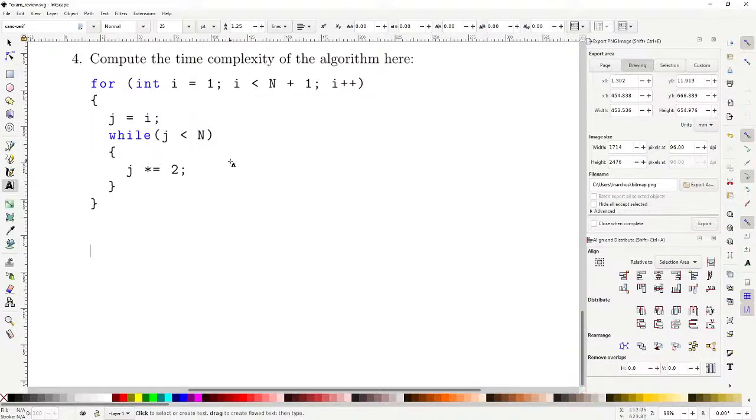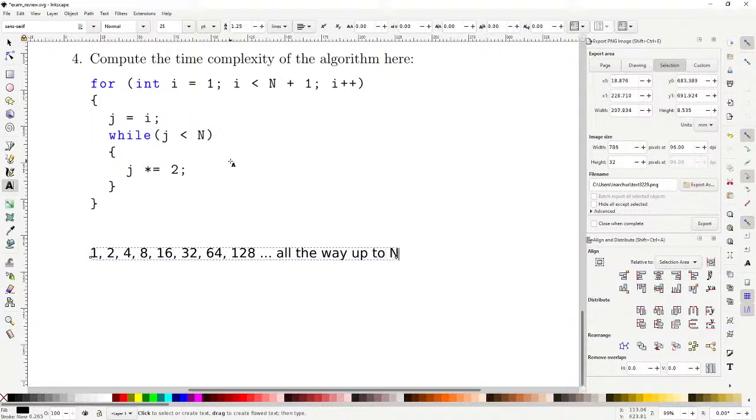The first time the while loop is 1, then it's 2, then it's 4, because it's doubling every time. 8, 16, 32, 64, 128, etc., all the way up to n.